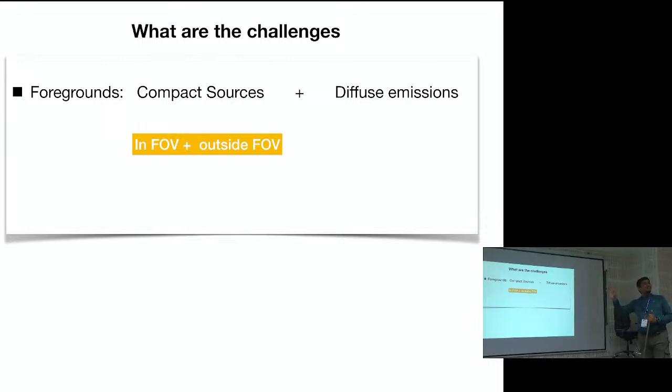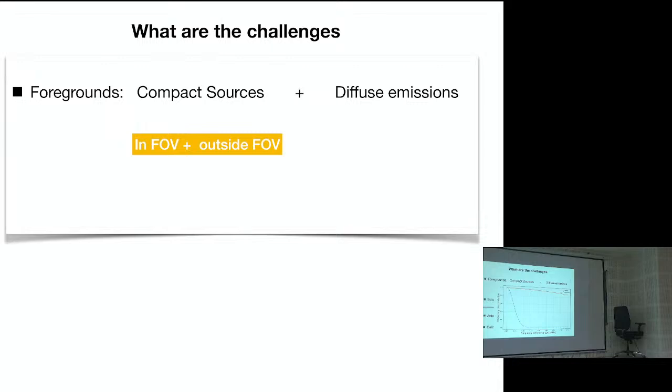Once you make that image, you can subtract the visibility contribution of that image from your observed visibility. You have now subtracted the point source foreground, only for those sources which you could make an image of, because they are inside your field of view. The sources which are outside are too faint to make an image. Their contribution in the field of view is still there, that you have not taken care of. So that's outside. And then you have the diffuse emission.